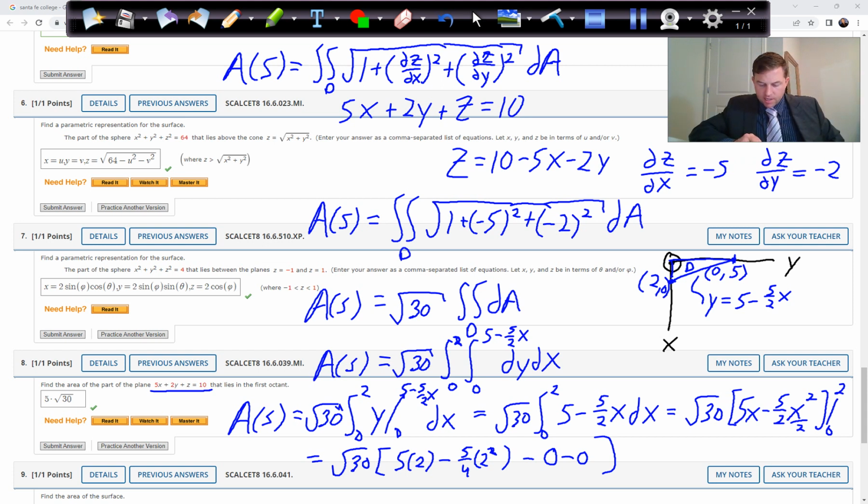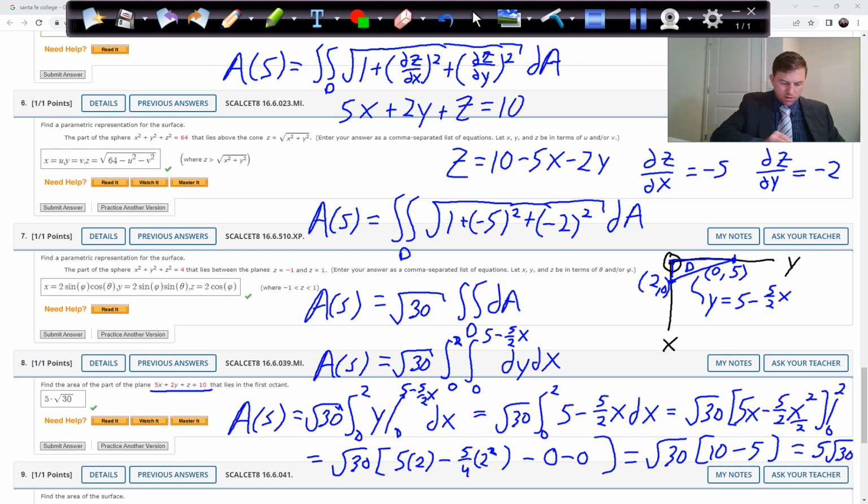This is basically 10 minus 5, so we get root 30 of 10 minus 5 times 4 divided by 4, so the 4's cancel, so it's 10 minus 5, which results in 5 root 30. So that would be the area of the part of the plane that lies in the first octant in 3 dimensions for problem 8.